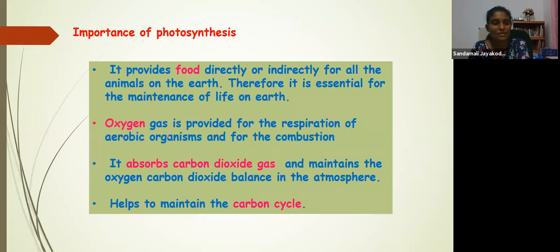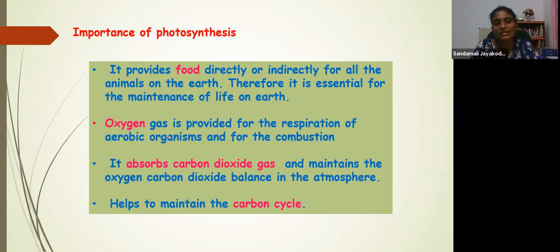So we have come to the end of the lesson. Now we have done the process of photosynthesis and some tests to identify different factors required for photosynthesis and tests for the two different products of photosynthesis.